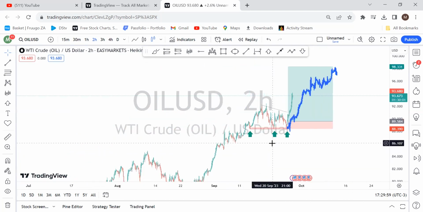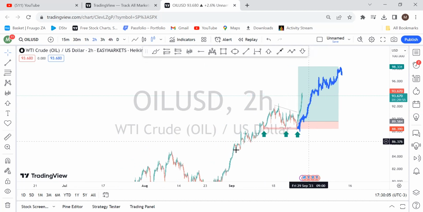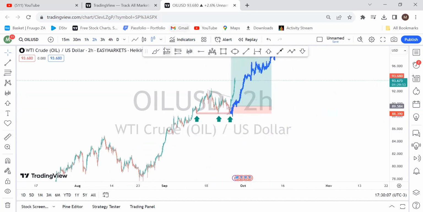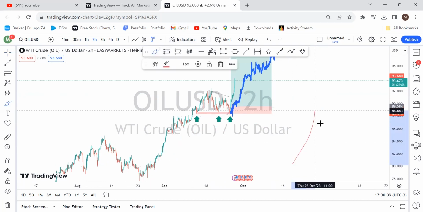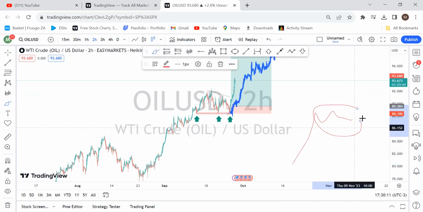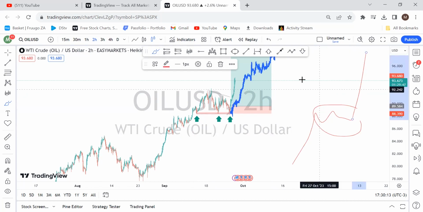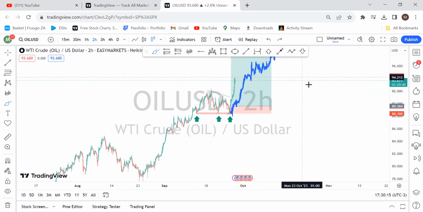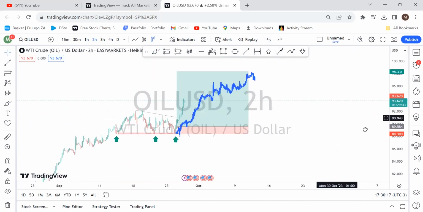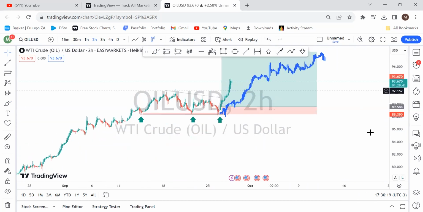Very simple. We didn't have to draw our lows and our highs, figure out the structure. This was a plain, simple impulse correction. Trade the correction to the upside. Very simple. Okay, cool. Let me just take a screenshot.